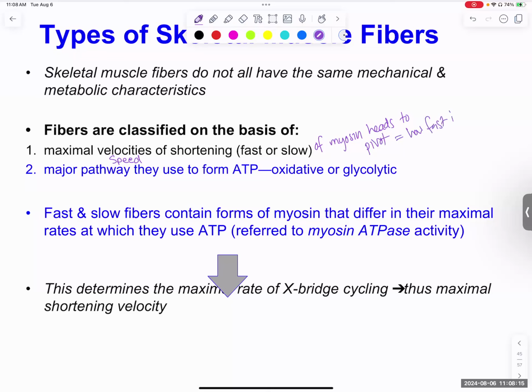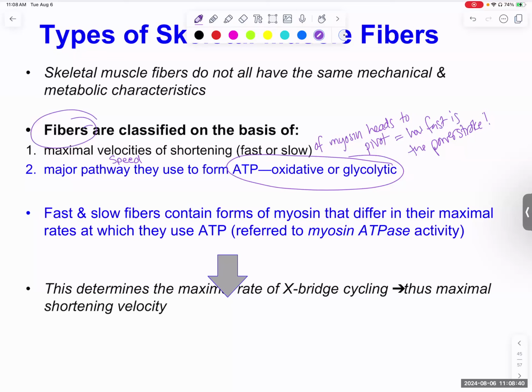How fast is the power stroke? And then the second thing is, how does it generate ATP? So how fast are the myosin heads and how do they generate ATP? And this is how we classify muscle fibers.